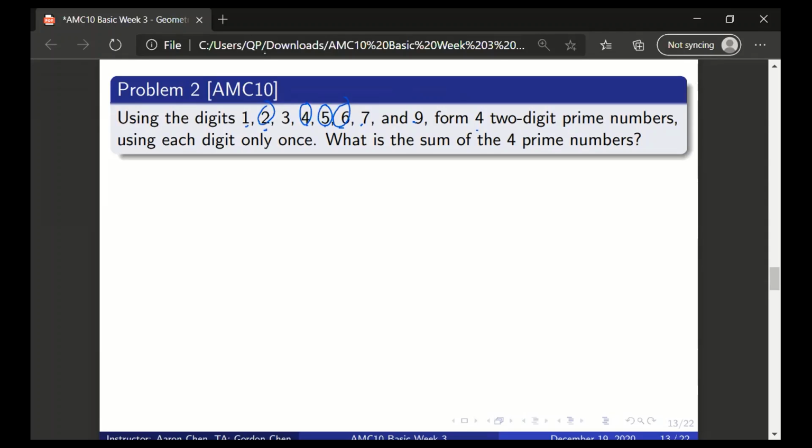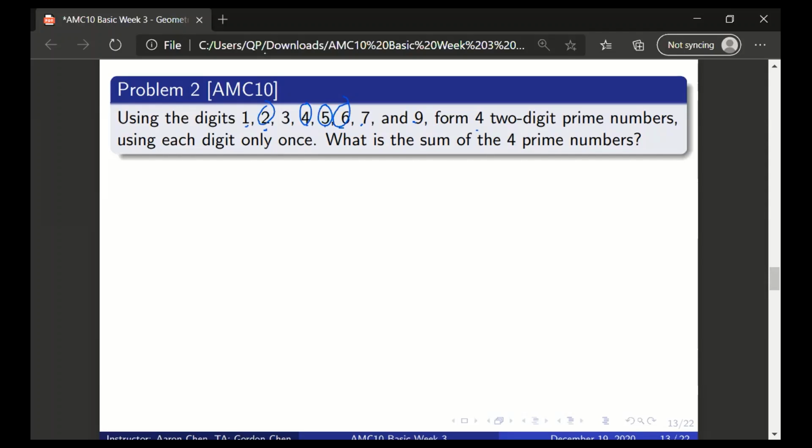We're given that they're two-digit prime numbers, so the number cannot be even and cannot be a multiple of 5. If the last digit is 2, 4, or 6, then the number is even, and if the last digit is 5, then the number is a multiple of 5.